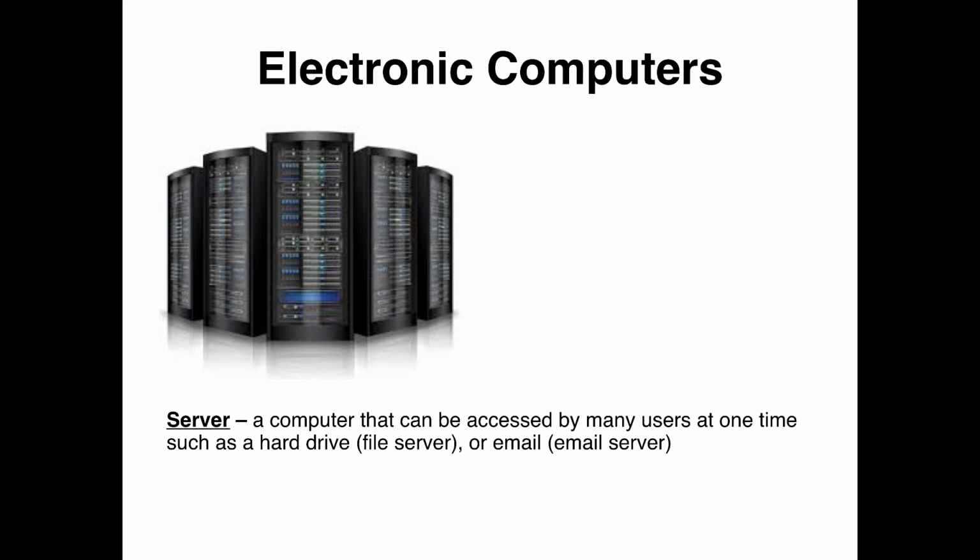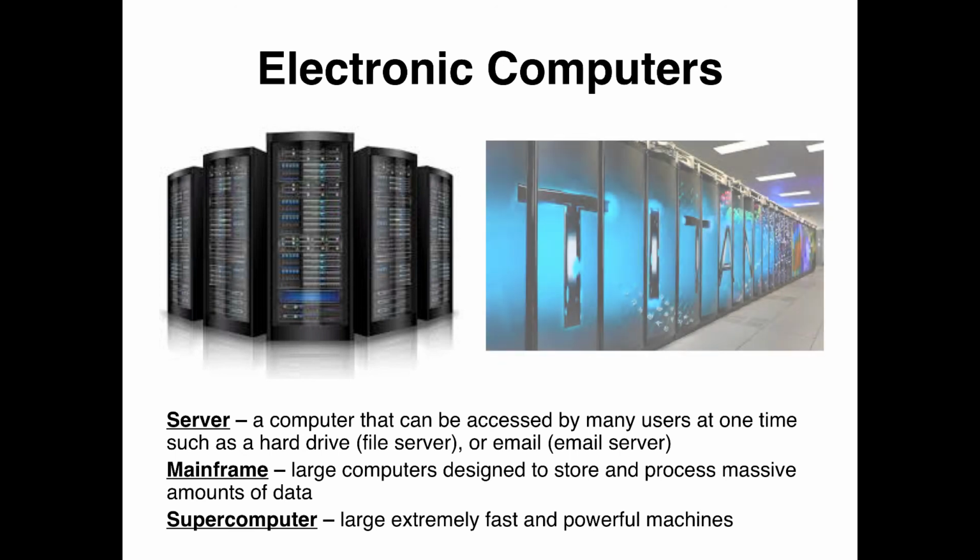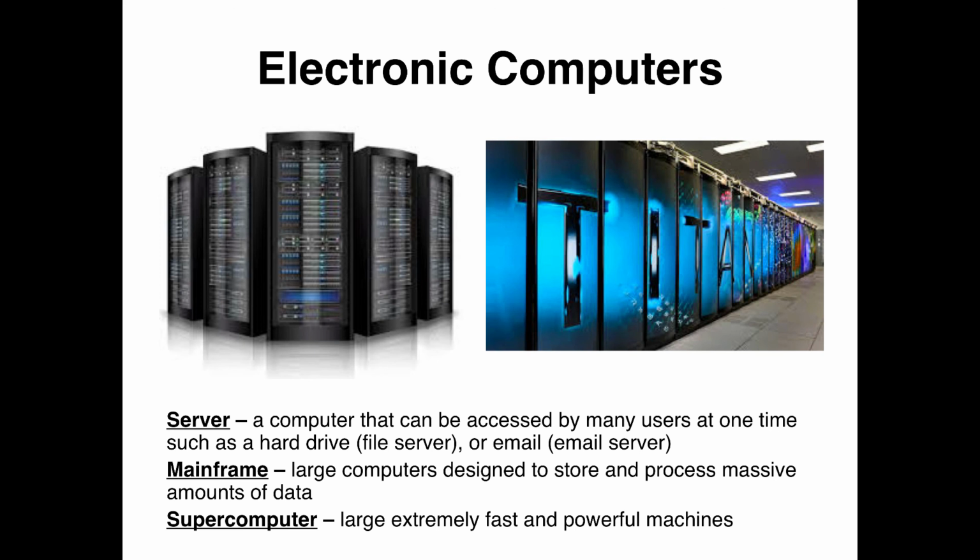And this is just an example of a server system. A mainframe is just a large computer that's designed to store and process massive amounts of data. And a supercomputer is a computer that's large and extremely fast and able to do enormous numbers of calculations at any one time. And here's an example of the Titan supercomputer. And there are various types of supercomputers.